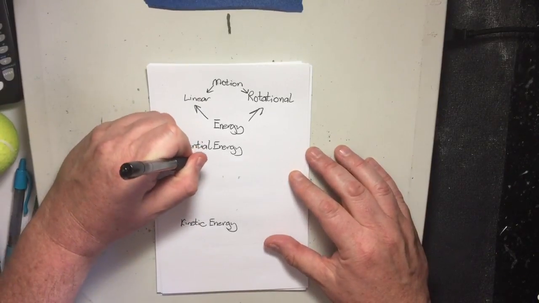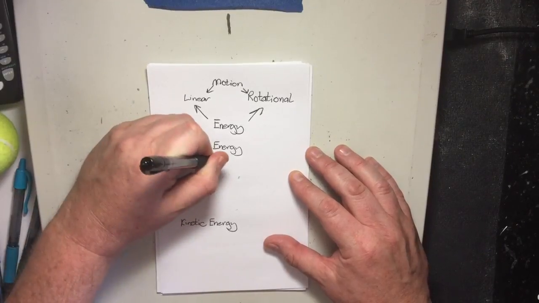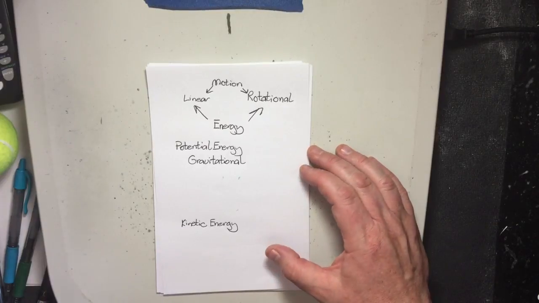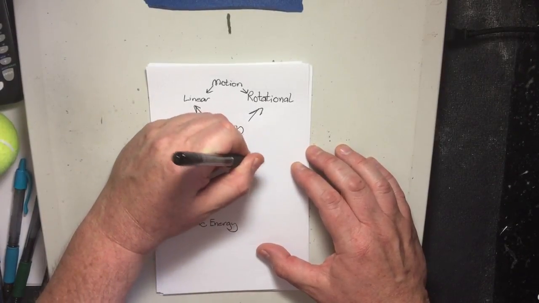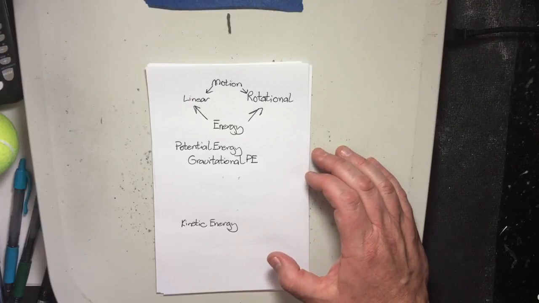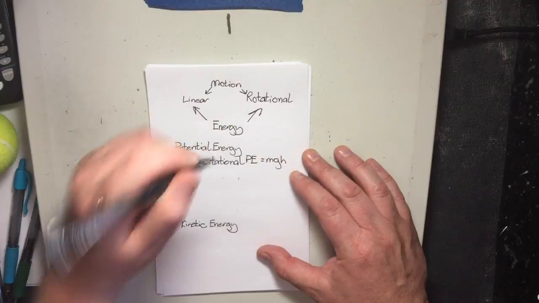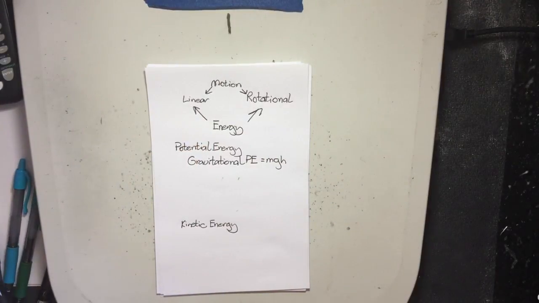There's gravitational potential energy, and I like to write it shortened as potential energy like this. Gravitational potential energy is mgh. If I have an object and I'm holding it a particular distance above the floor, here it has a lower potential energy, and over here it has a higher potential energy.